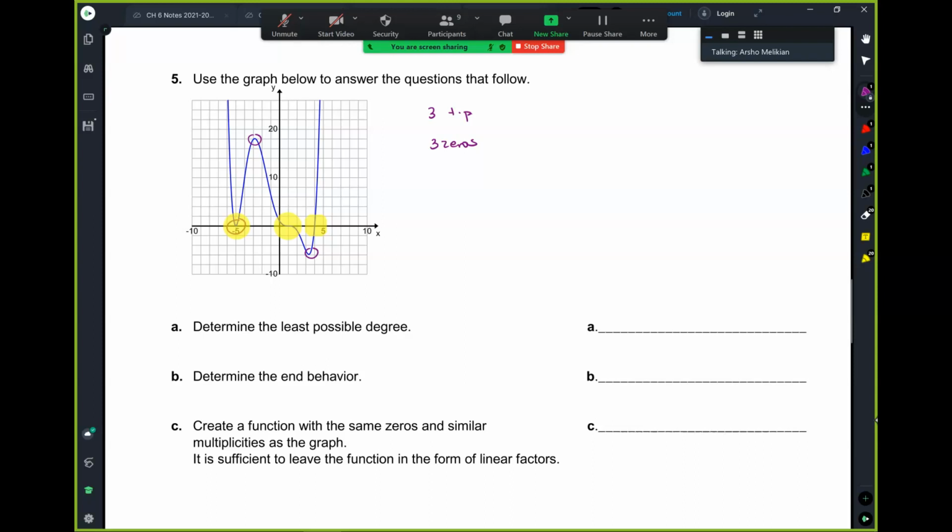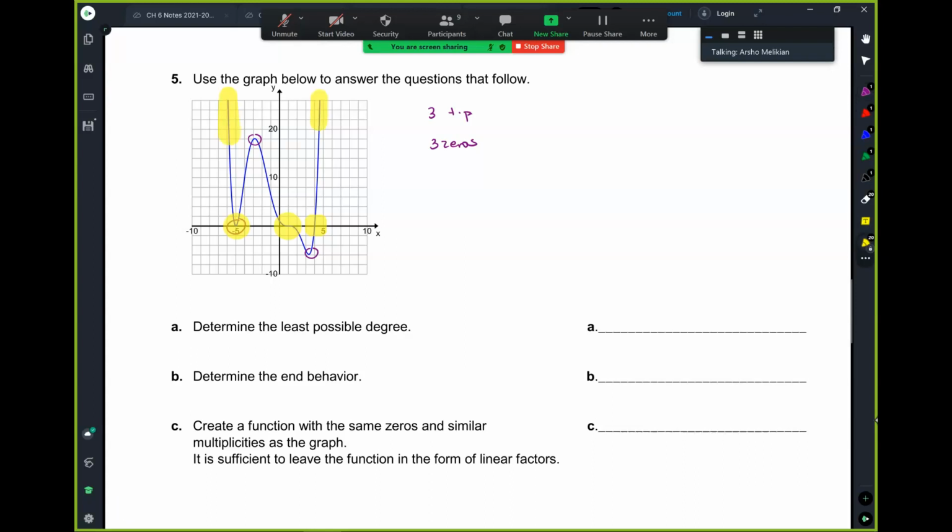So one other thing you want to look at, because if you just look at the zeros, you're like, oh, then it's x cubed. But can it be a cubic function? Why not? And not about the turning points. What else tells you it can't be a cubic function? Ben? The end behavior. You see how both ends are facing in the same direction?